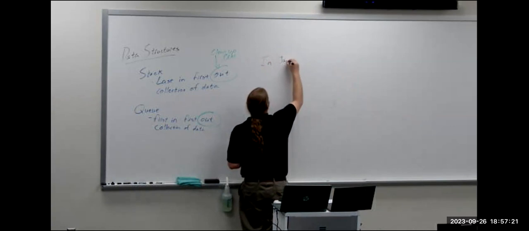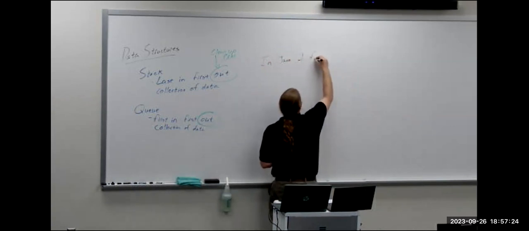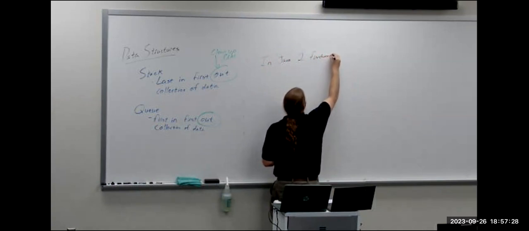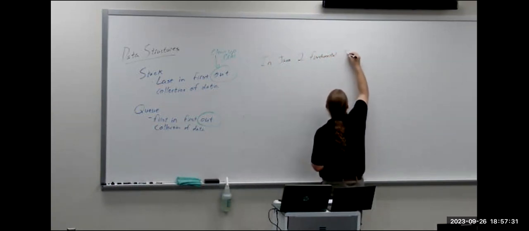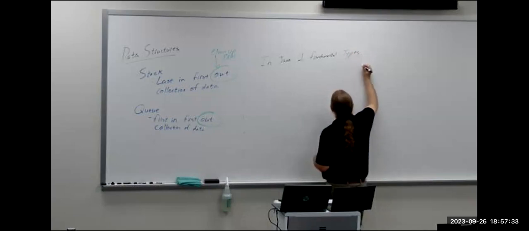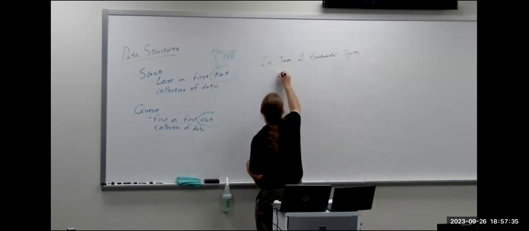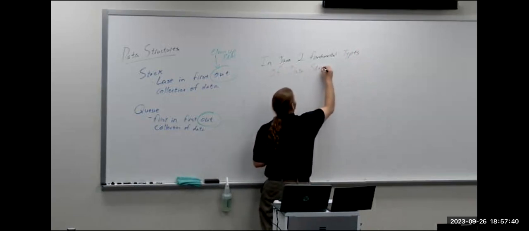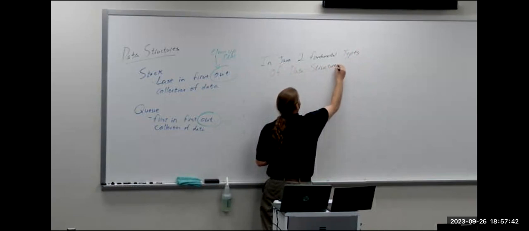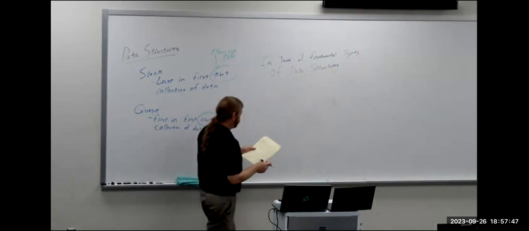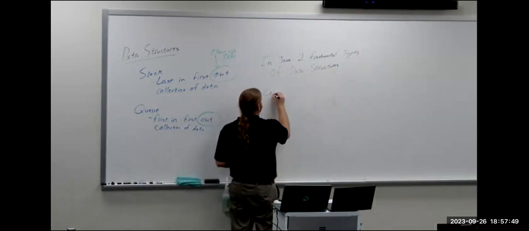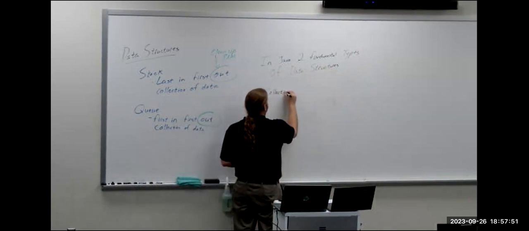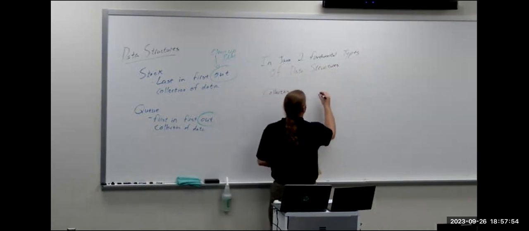So in Java, there are two fundamental types of data structures. One of those is Collection, and the other one is Map.